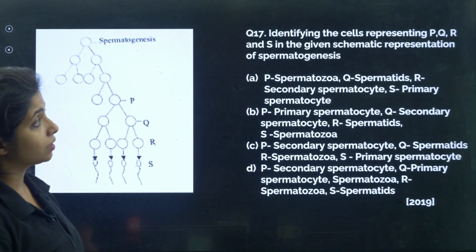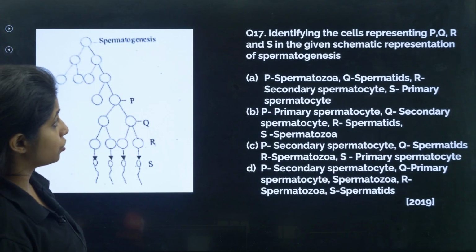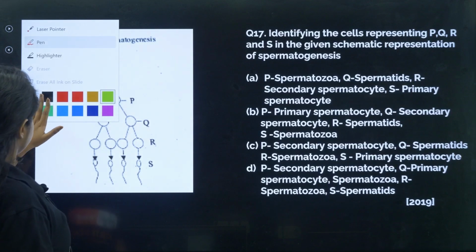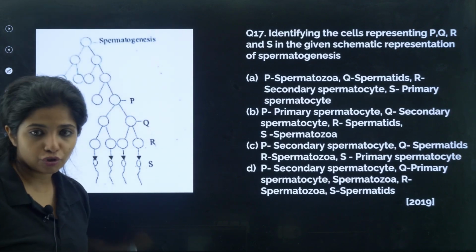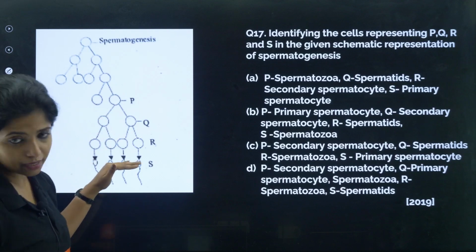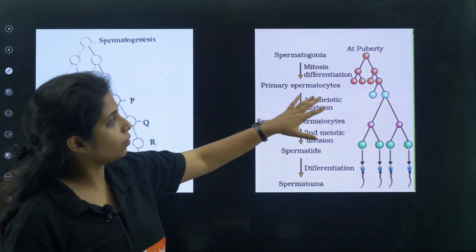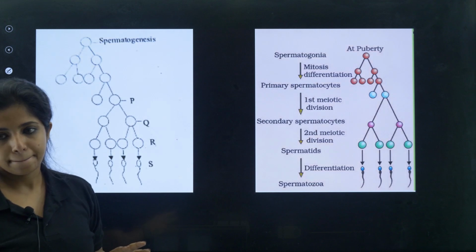Identify the cells representing P, Q, R and S in the given schematic representation of spermatogenesis. Chalo. Now this is spermatogenesis. So over here you have certain cells which you can clearly see, right? And over here I have your NCERT picture also.